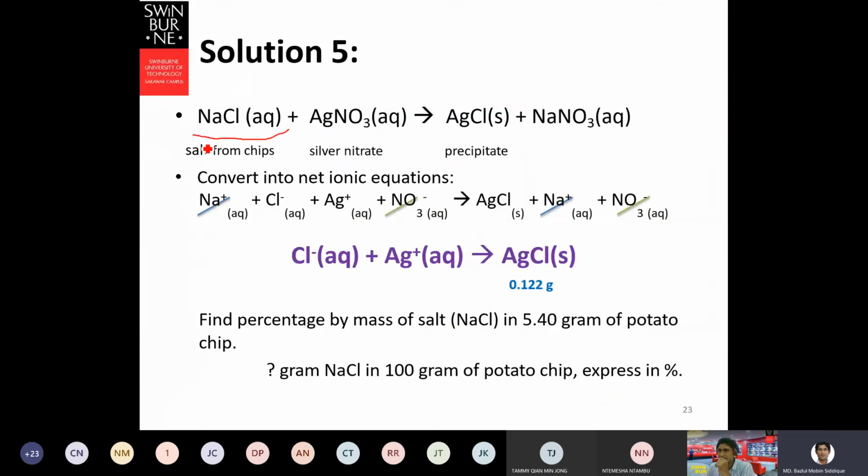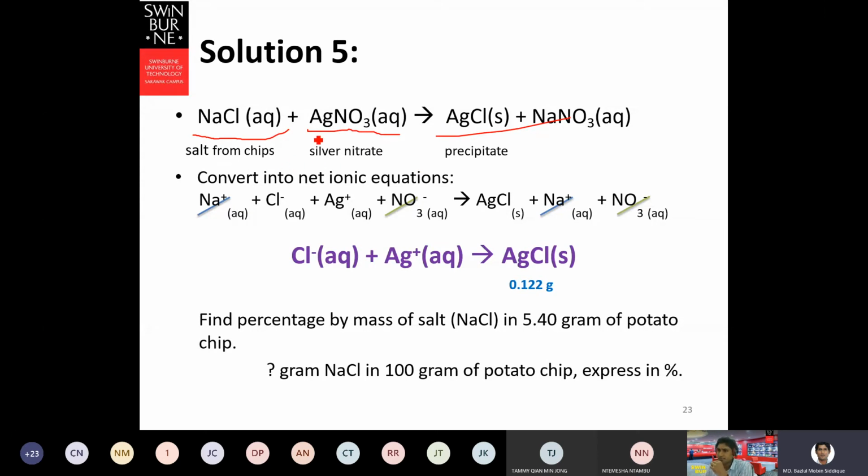So this is the salt that we eat, and silver nitrate was used to create the precipitate, and silver chloride was the precipitate, the solid thing, and along with it sodium nitrate was formed, but we are not interested in sodium nitrate.